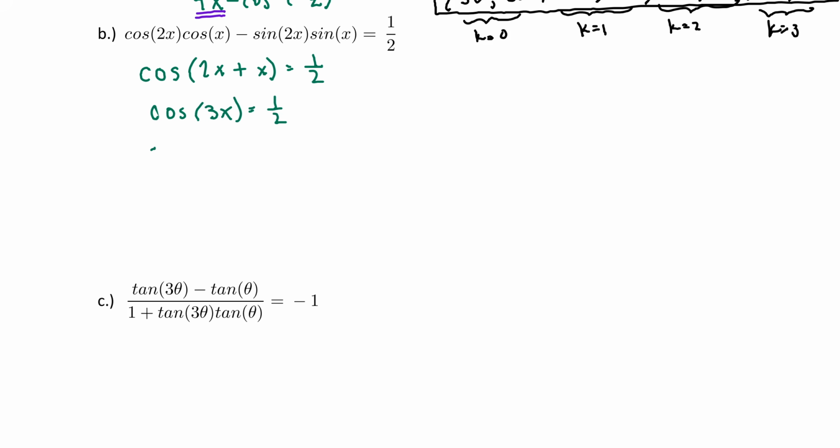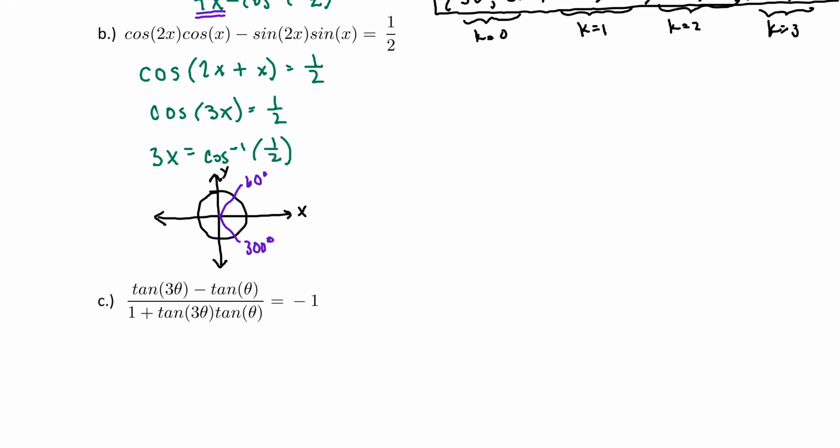We can solve for 3x by applying the inverse cosine to both sides. We have inverse cosine of 1/2. On the unit circle, we can see that cosine is equal to 1/2 at both 60 degrees and also 300 degrees. Again, those are not the solutions to the equation.